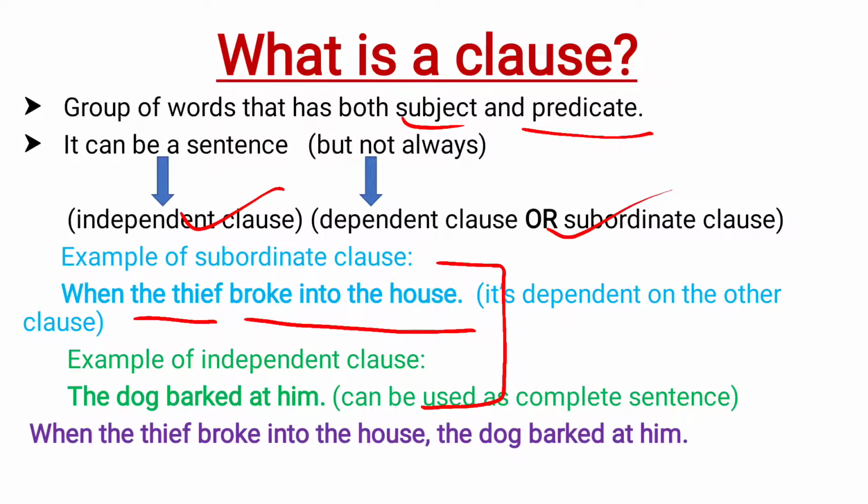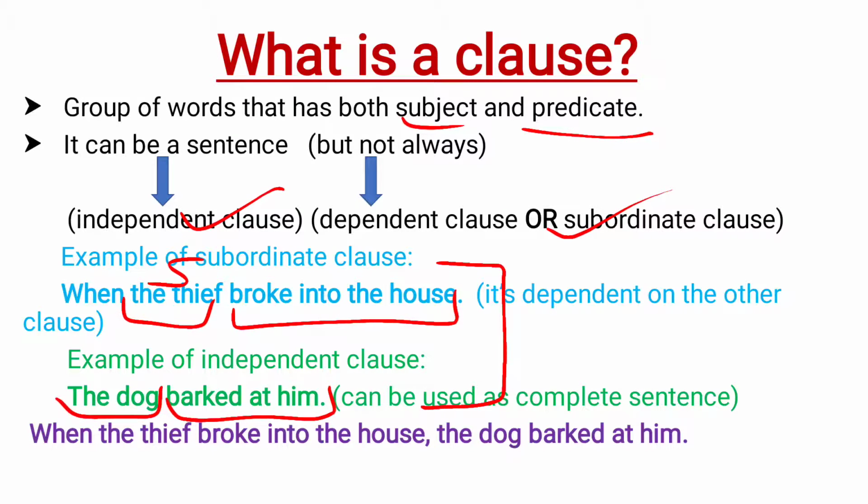So, wherever we are able to identify the subject and the predicate, it means it is a clause. This is the major difference between a phrase and a clause. A phrase does not have a subject and predicate combination, but a clause has a subject and predicate combination.